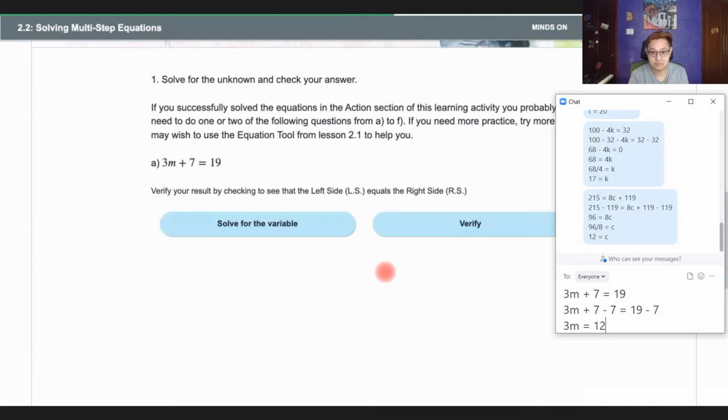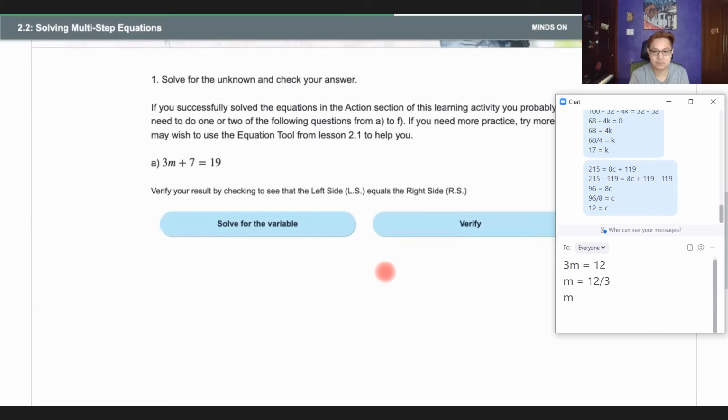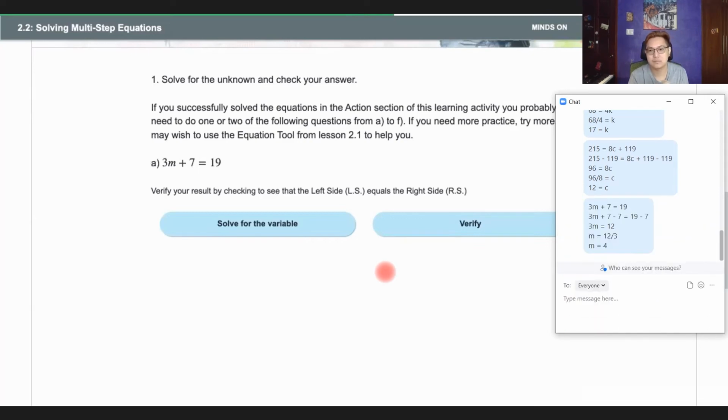And then you bring the 3 down. 12 divided by 3 equals 4. 4 equals m. Then you have to verify your result. You plug it back into the original equation.